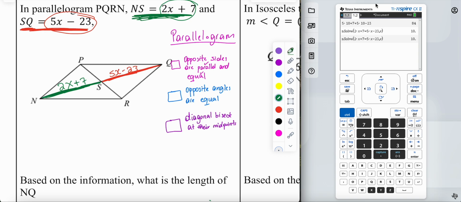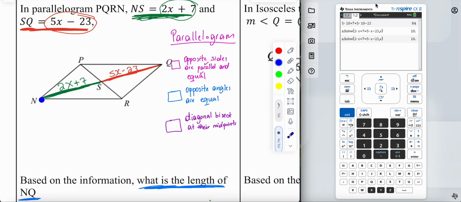Now we're going to go back. It says, based on the information, what is the length? So the question is asking us for the length of NQ. So where is NQ? NQ is all the way from here up here. So all of this line segment is NQ.